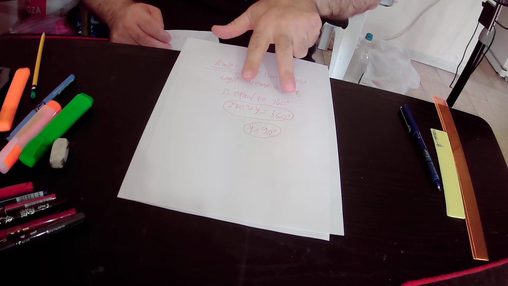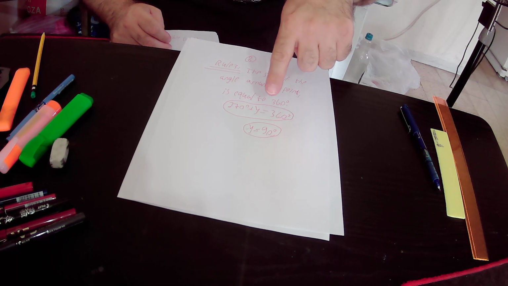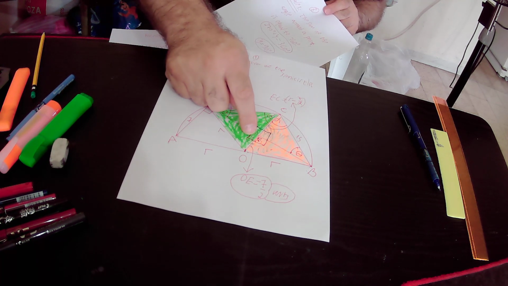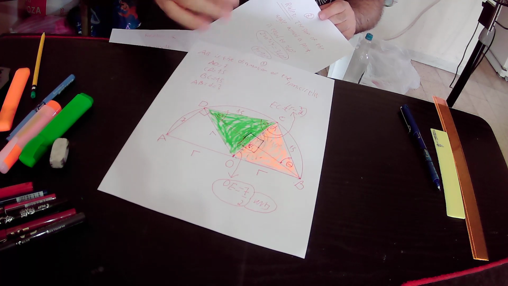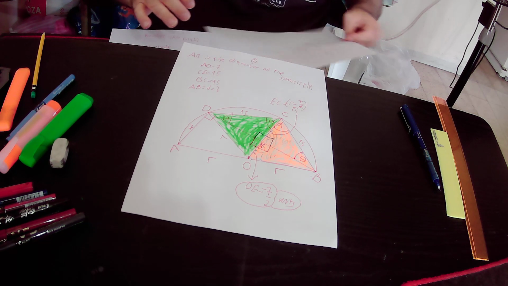So we can subtract 270 degrees from this equality, and we will get the value of y. We got that y equals 90 degrees. So this angle is a right angle. Actually, we arrived at the conclusion that all the 4 angles around point E are right angles.